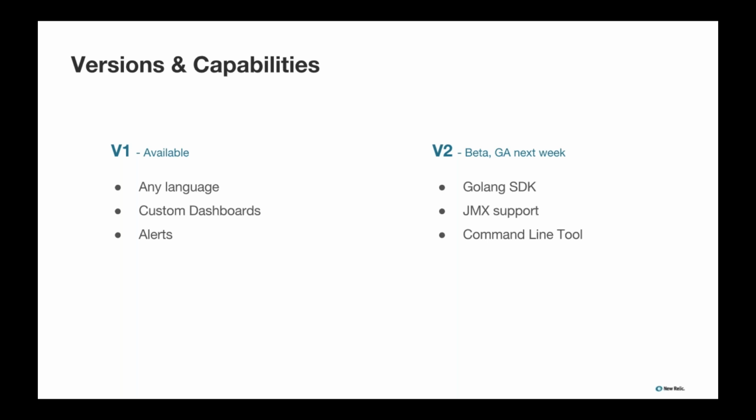V2, which is currently in beta, and that we will GA, will become generally available next week. We focused on making the development of Golang integrations easier. So it contains a Golang SDK. It has native support for JMX, and it has a command line tool that will help you create the skeleton of an integration.